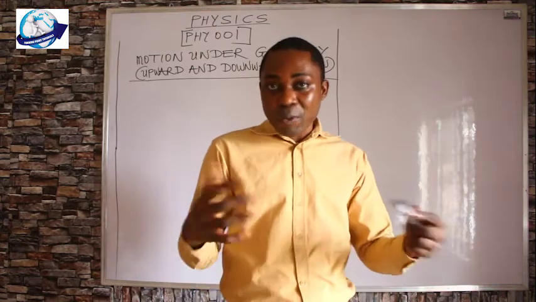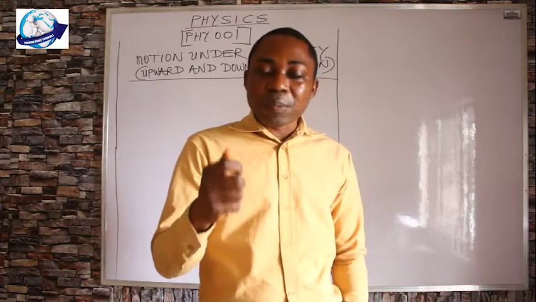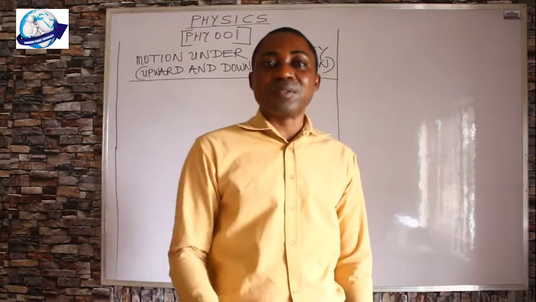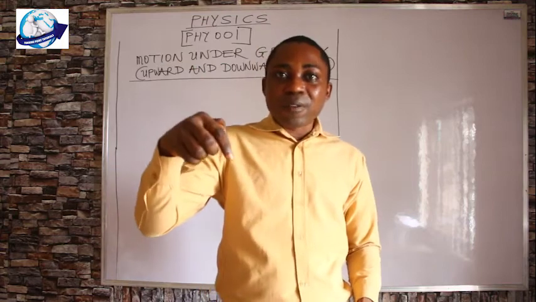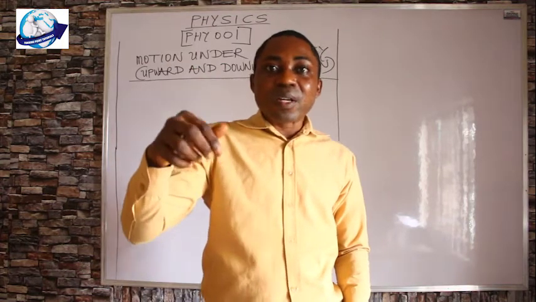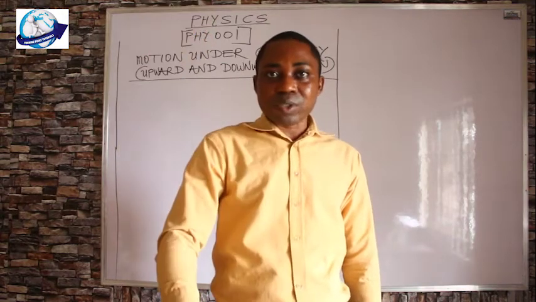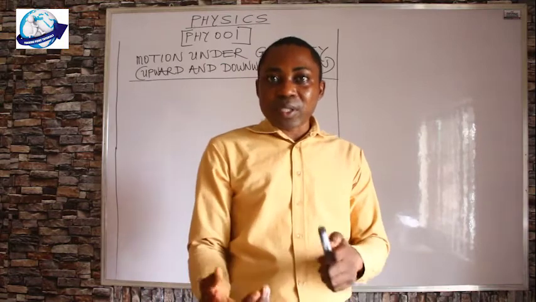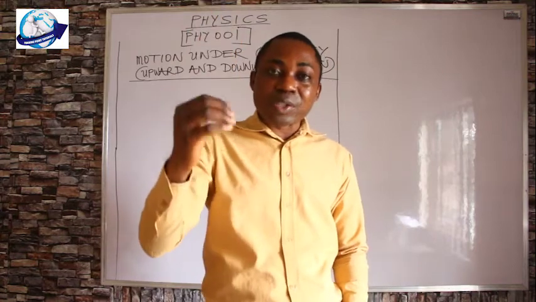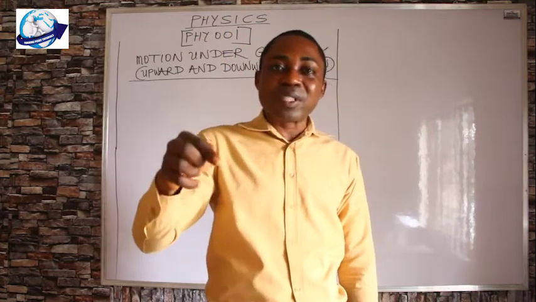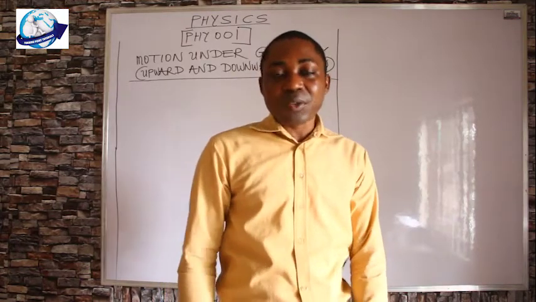Or in other words, when a body is thrown upwards, the acceleration of the body will be negative. Why? This is because the gravitational pull of the earth is acting downwards, whereas the body is moving upwards, against the direction of the acceleration due to gravity, or the gravitational acceleration.